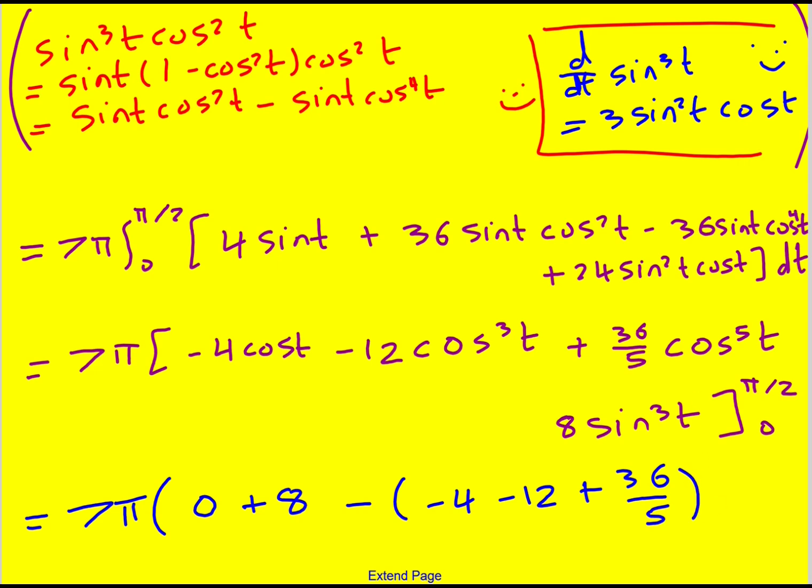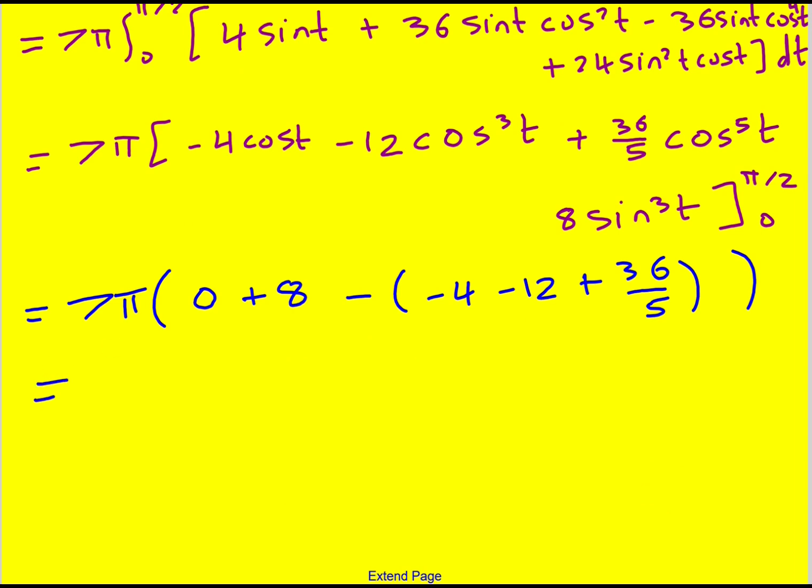And then sine of 0 is 0. At this point, I'd get my calculator out. We end up getting 7 pi times 84 over 5, which is 588 over 5 pi.